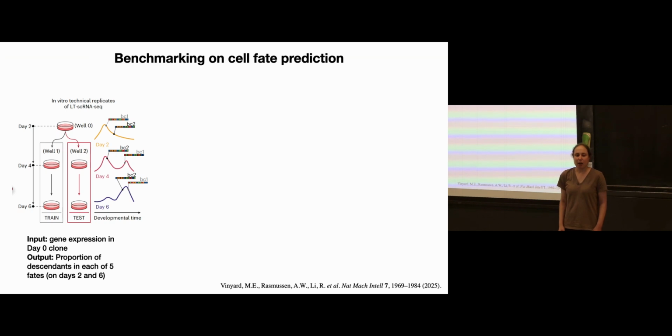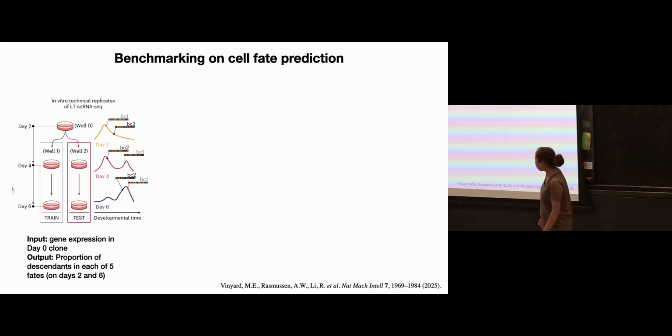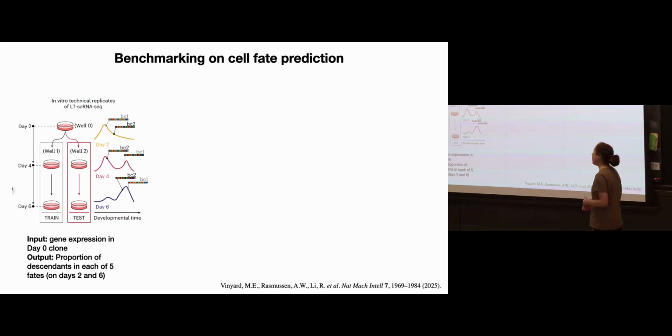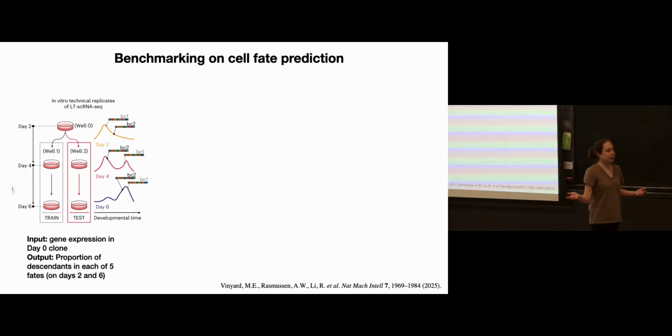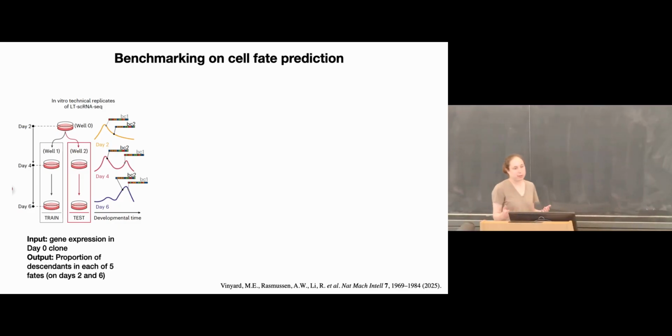Then you train your model to take that initial gene expression vector and give a proportion of cells of these different types that will start from that starting point.